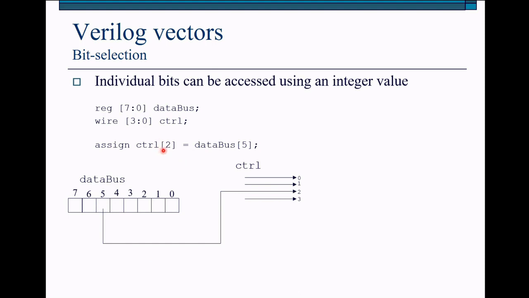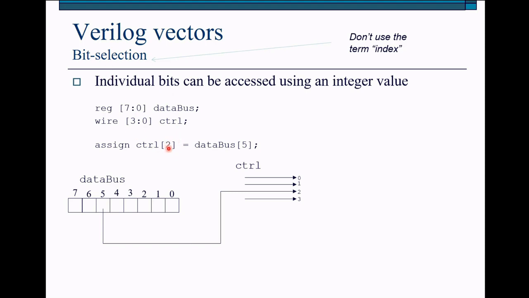Now the use of the square brackets for selecting a bit position looks very like an array access that you would have seen in Java or the C language. It's important in Verilog not to think of this as an array access, as later on we will see arrays in Verilog. And when we deal with vectors, it's important not to use the word index, which we use when accessing arrays. We use the term array indexing. This is actually bit selection.